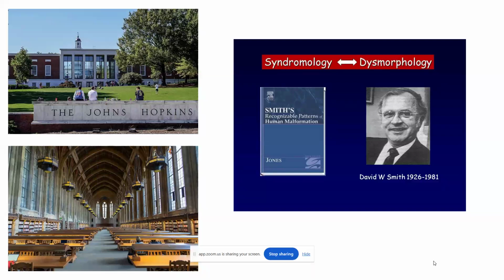He's David Smith. His work has extensively given credit to human malformations and congenital malformations. He was the one who introduced the term dysmorphology, and back then it was quite similar to syndromology. Identifying syndromes and genetic conditions was equated to dysmorphology, but they're not exactly the same.